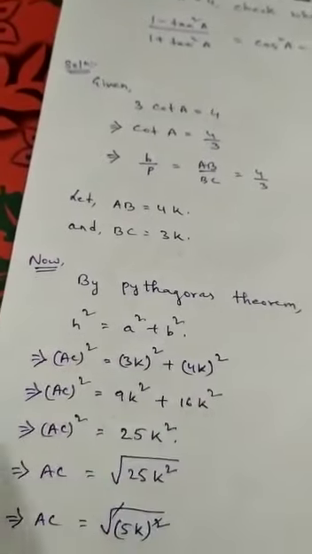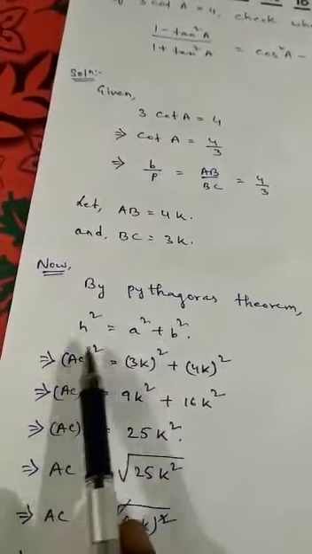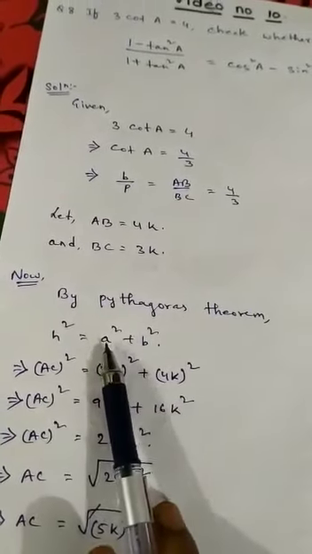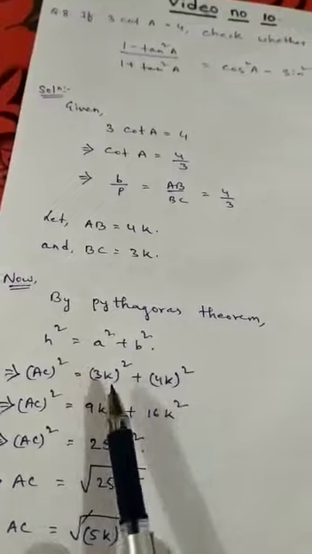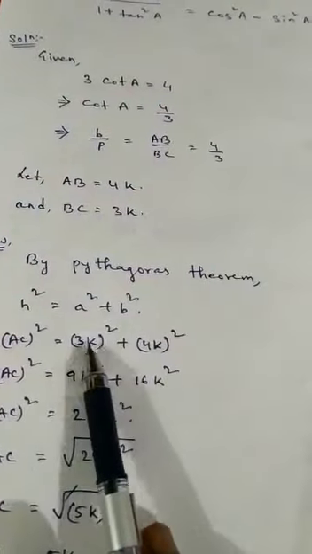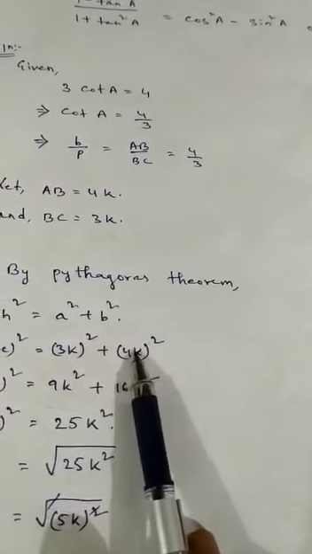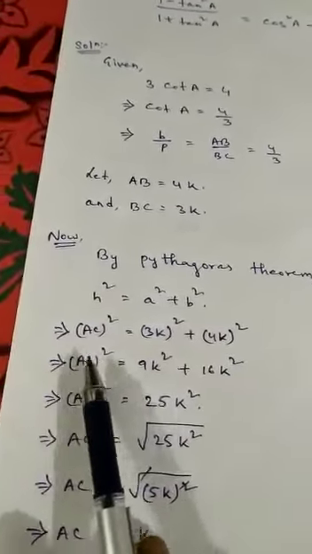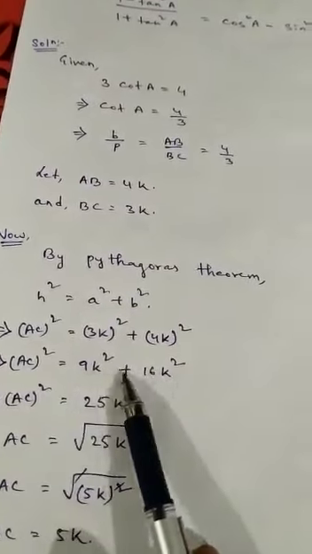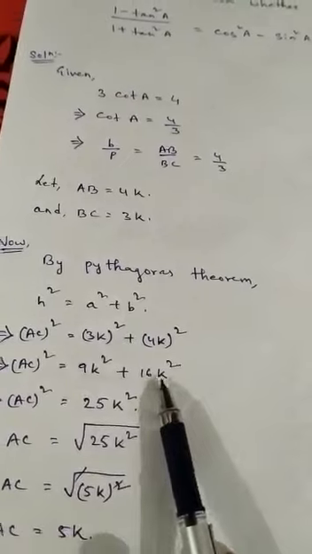Hypotenuse is AC, so I have written AC square is equal to altitude square, which is 3k, plus base square, which is 4k. Now AC square will be equal to 3k whole square, which is 9k square, plus 4k whole square, which is 16k square.